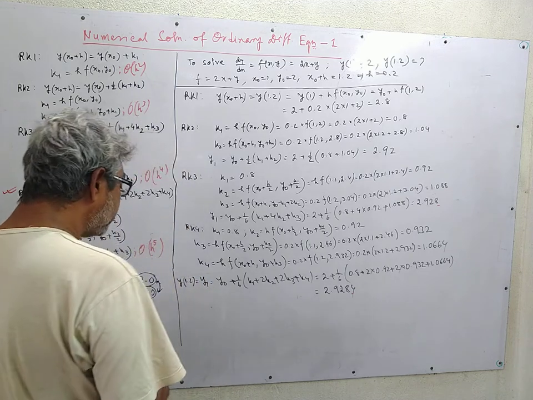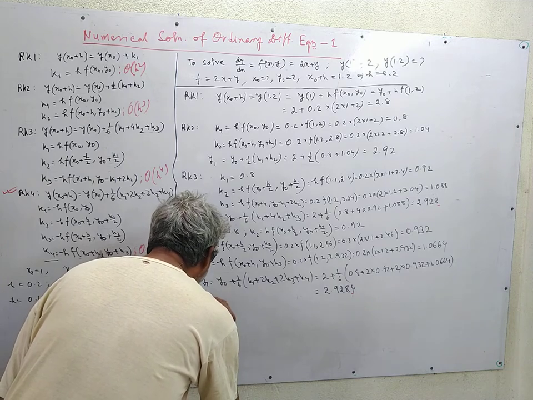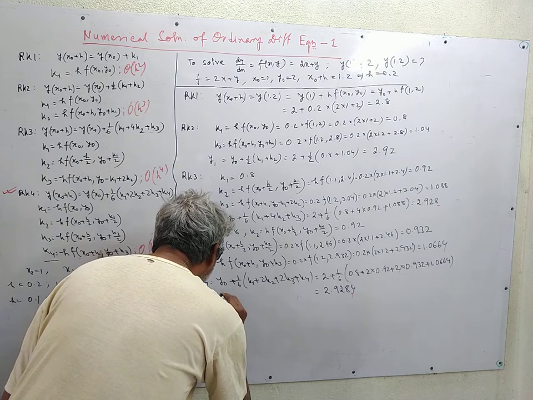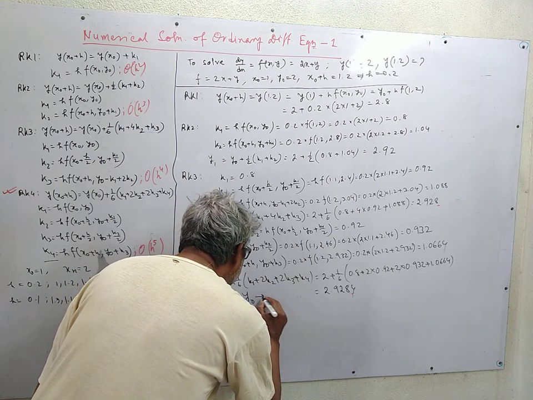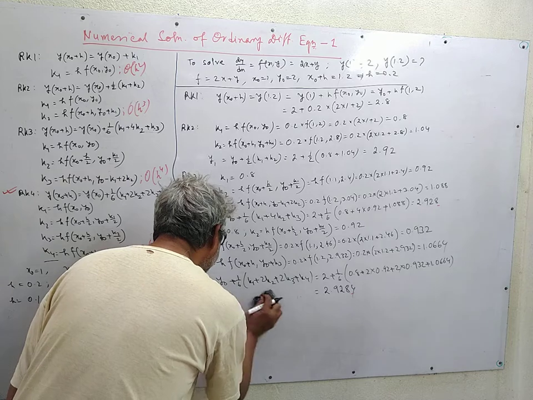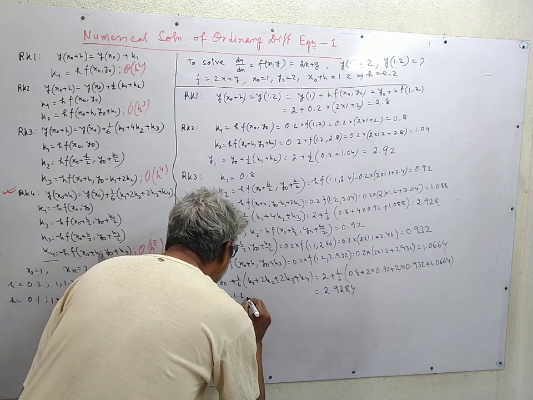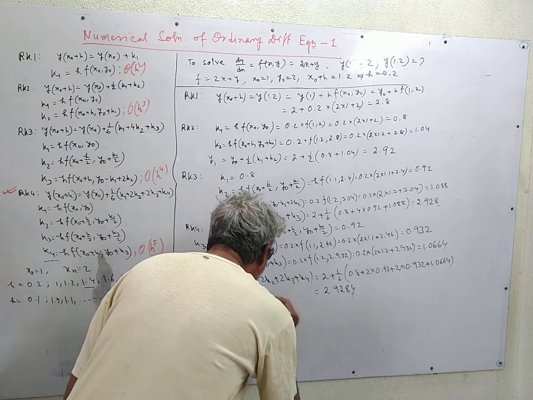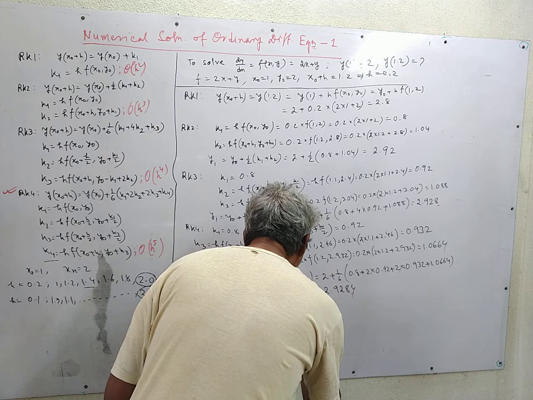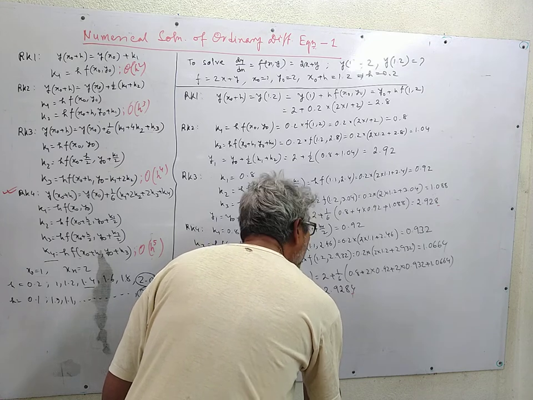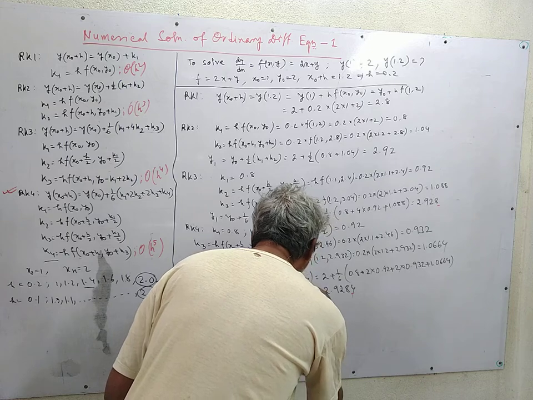So what should be our starting point? Here the x0 value will be replaced by the x1 value, which is 1.2, and y0 value will be replaced by the y1 value, that is 2.9284.